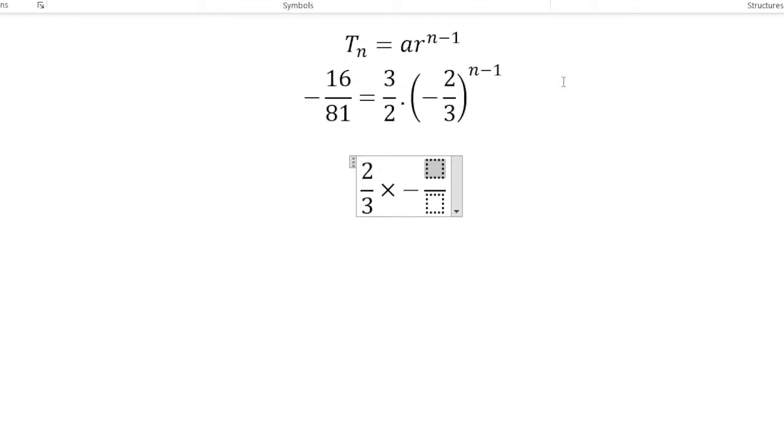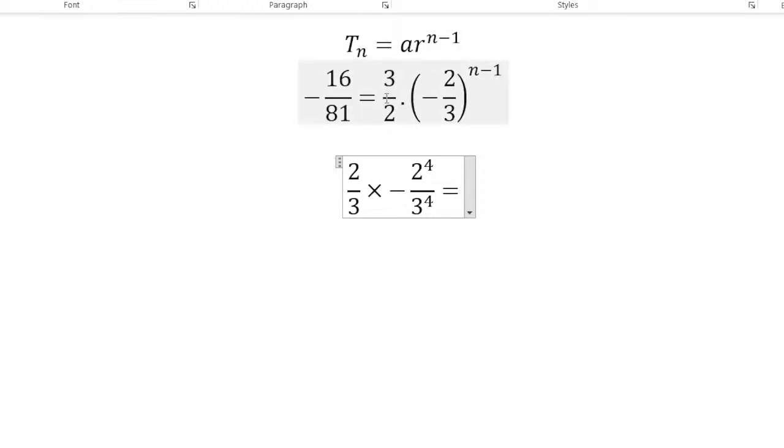Okay, 16 is the same as 2 to the power 4, then 81 is the same as 3 to the power 4. Remember, on the introduction we said that you must be able to use your exponential equations.